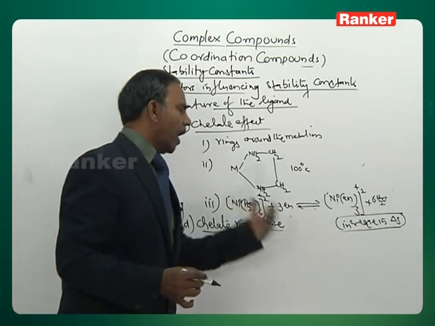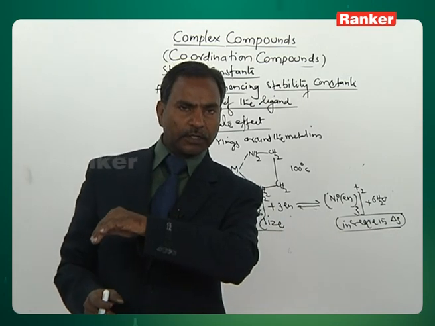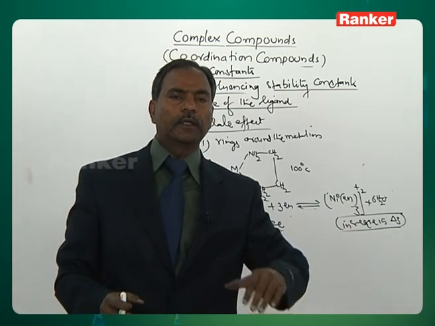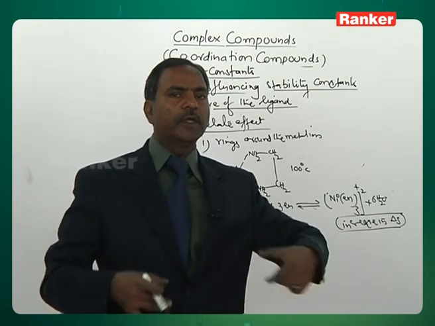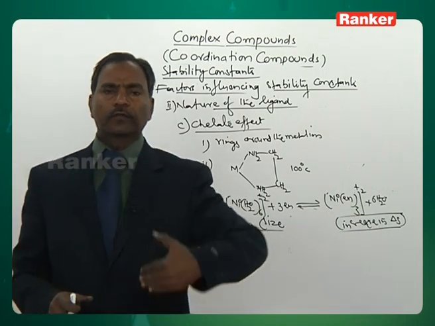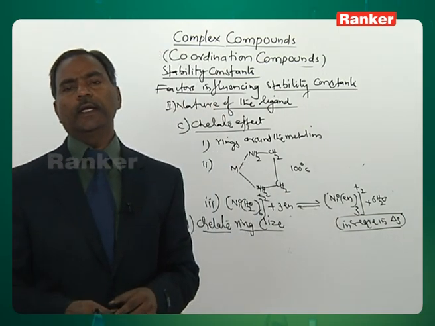Now, either you say increase in entropy, or whenever a complex with chelate ligands is produced, the direction of forming of the complex will be an exothermic reaction. Yes, any product produced by an exothermic process will be found to be highly stable.